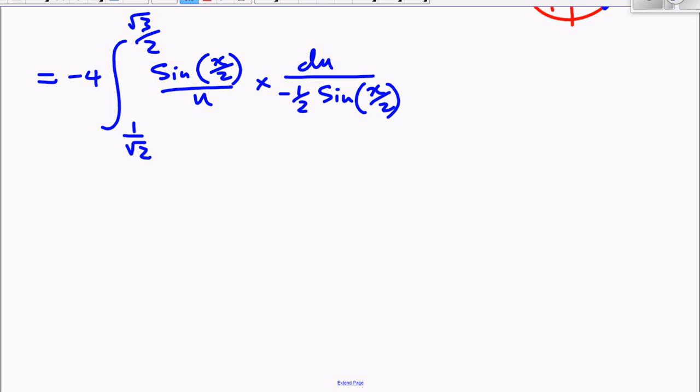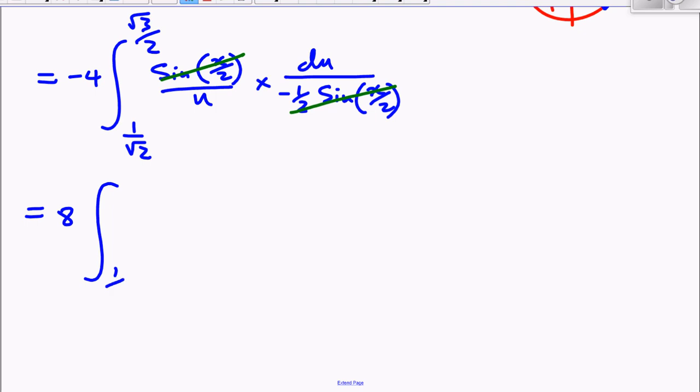What happens here is these two cancel. So my integral will be negative 4 divided by negative a half, that will be positive 8. So I'll change this to 8.